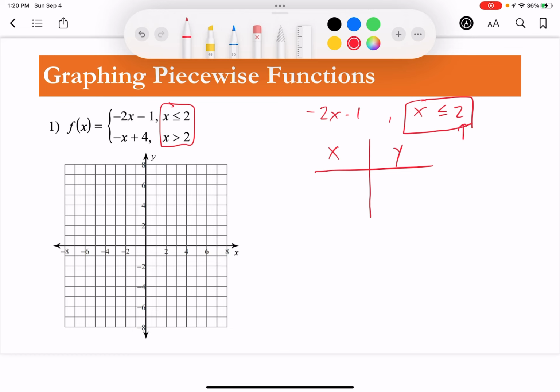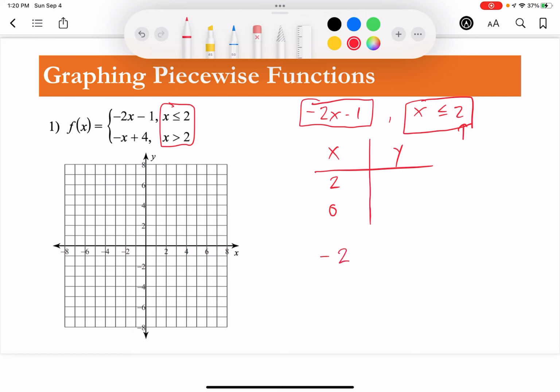Yung boundary ay yung 2 natin. So, 2. Sabi dyan, less than 2, and 1 or 0. Let's say 0. Gamit ka lang ng dalawang points, ng dalawang x values, kasi line naman siya, di ba? And dalawang points, makakagawa tayo ng line. Okay?